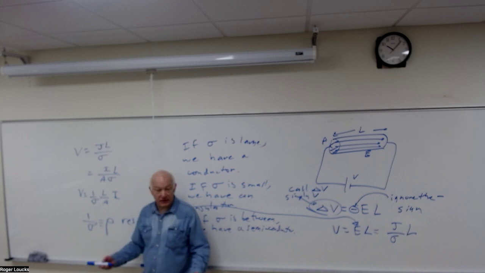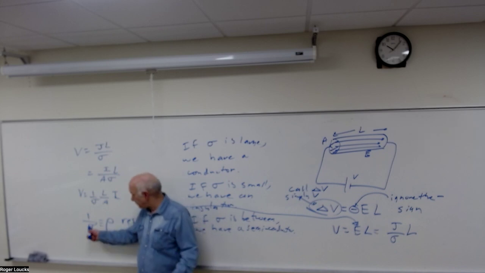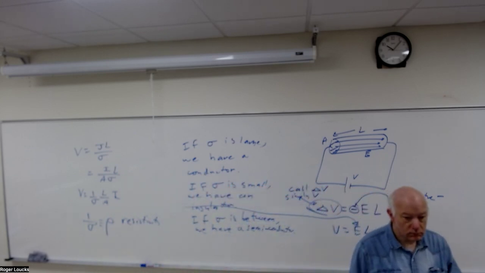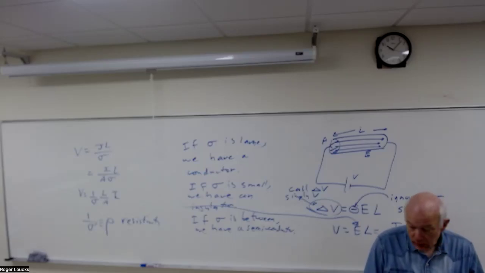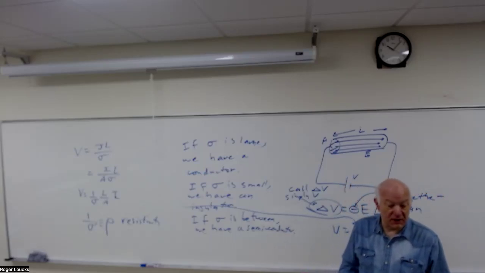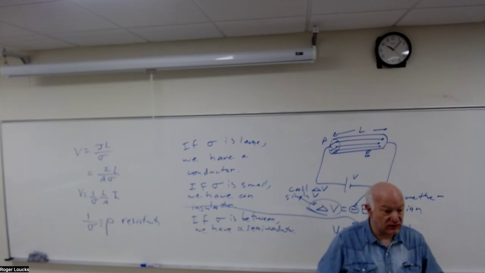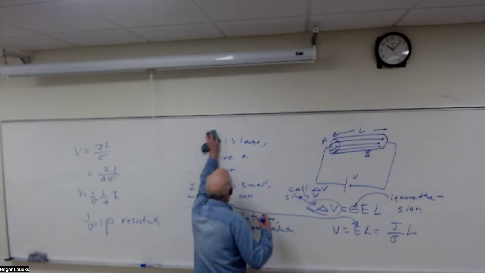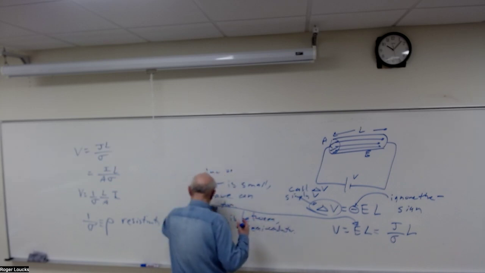Suppose I have a bad conductor, meaning that the sigma is quite low. My rho is going to be high. And you would say that if something has a high resistivity, it actually has a high resistance. So the way we're going to rewrite this is this.